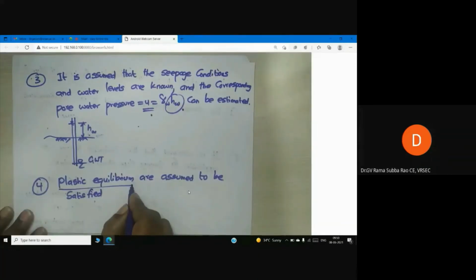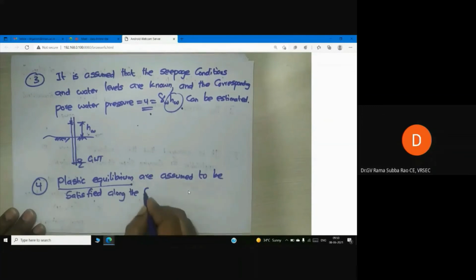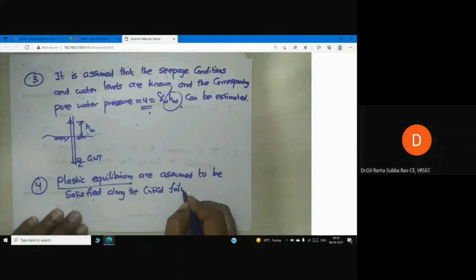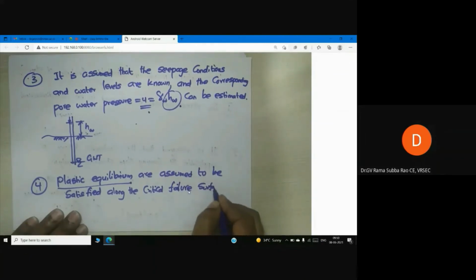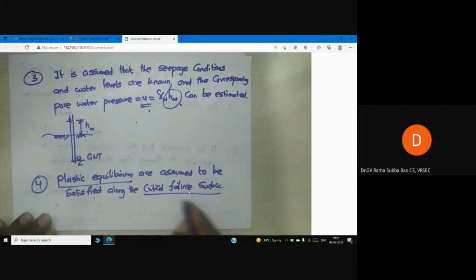So plastic equilibrium is assumed to be satisfied along the critical failure surface. So these are the main assumptions.